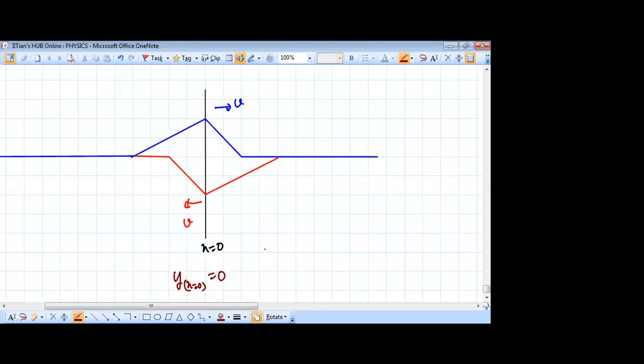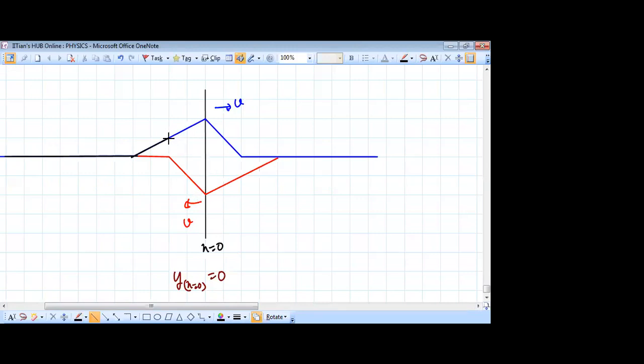So now if you understand how the superposition will look like, you realize that the resultant of these two here will look something like this. Then up to this point, there's no effect of the red line because the red line is 0.